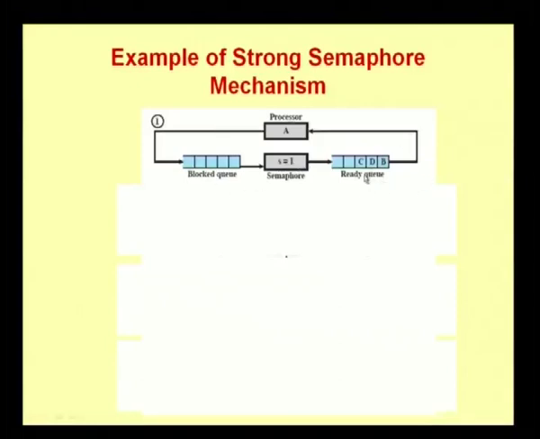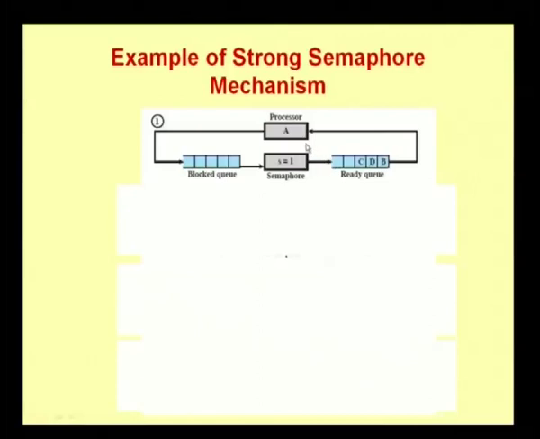In this example, we have processes A, B, C and D. Let us assume process D is producing some output, and this output is being consumed by A, B and C. I will repeat, D is going to produce some output, and the output produced by D is being consumed by A, B and C.